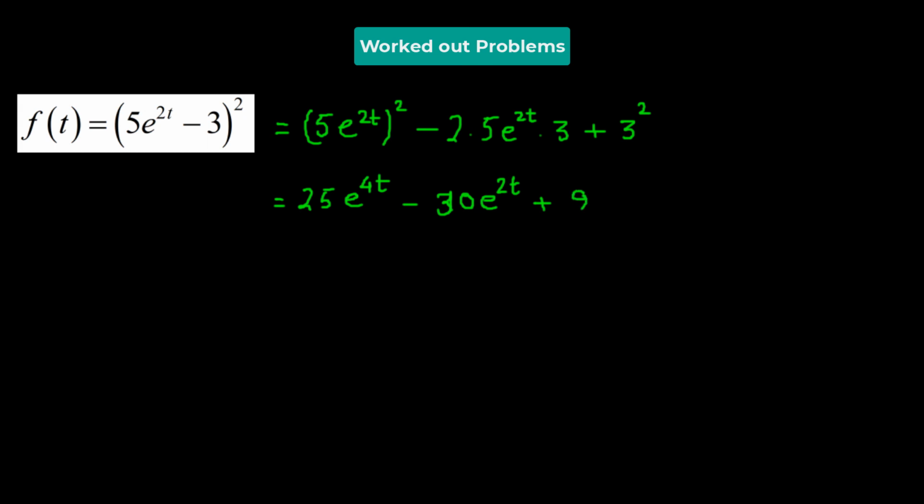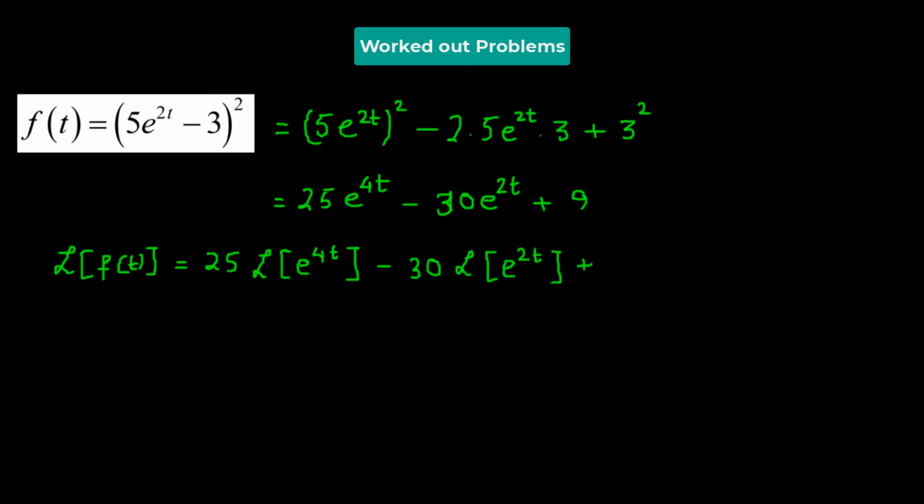So the Laplace transform of f of t will be equal to 25 times the Laplace transform of e raised to the power of 4t, minus 30 times the Laplace transform of e raised to the power of 2t, plus 9 times the Laplace transform of 1.